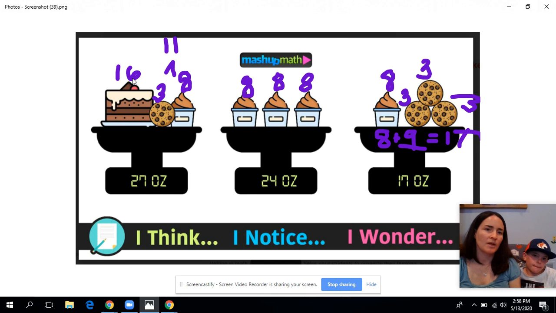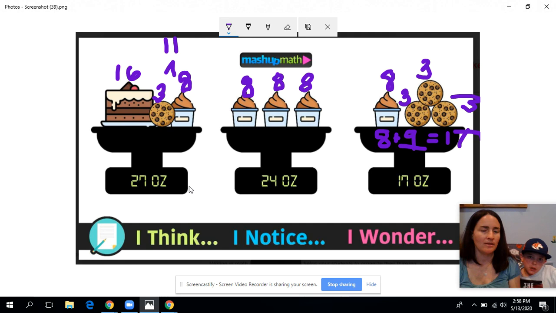Yeah. Because you said if you did 11 and 10 more, that would get you to 21, and then plus 6 is 27. So you had to add a 10 and then another 6 to get to 27. You could also look at it as subtraction. If we had 27 minus 11, you could work backwards. 20 minus 10 is 10, 7 minus 1 is 6, and 10 plus 6 equals 16.